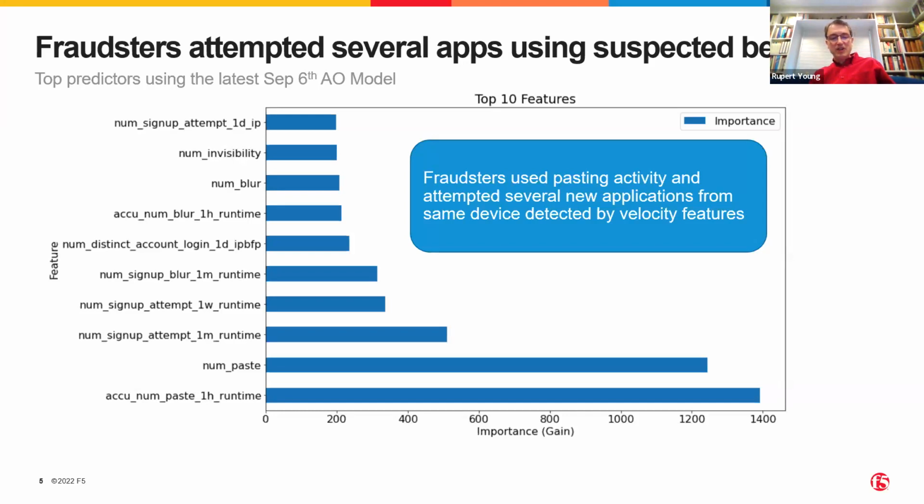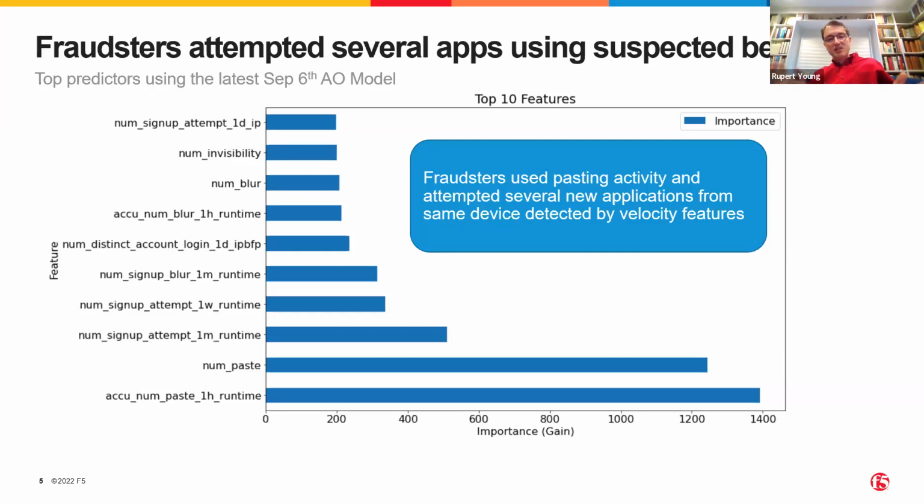And they usually have relatively inscrutable names, like number of blurs. For our customers, we do provide reason codes, which give you the top 5 reasons that the model fired. And this here is showing the top 10 reasons for a particular model that we built.